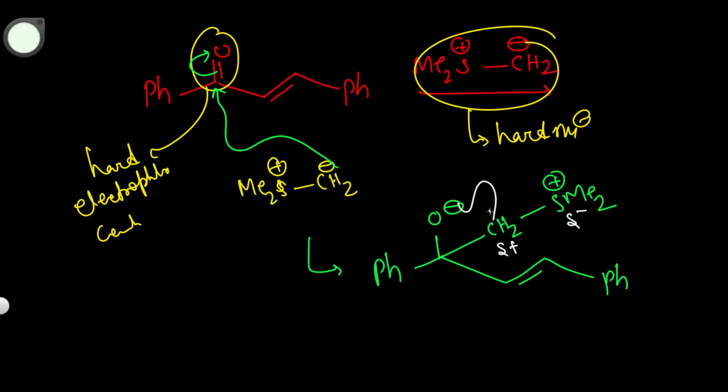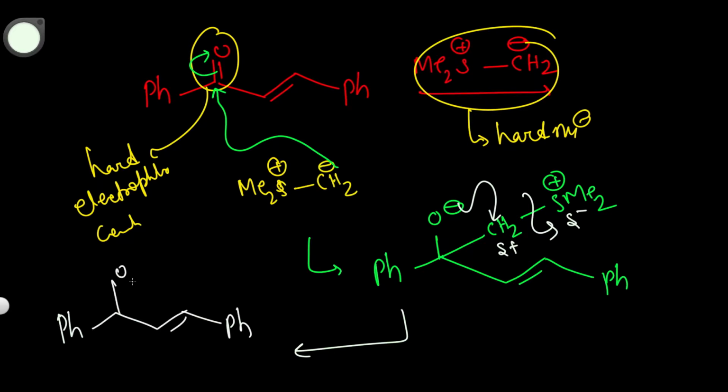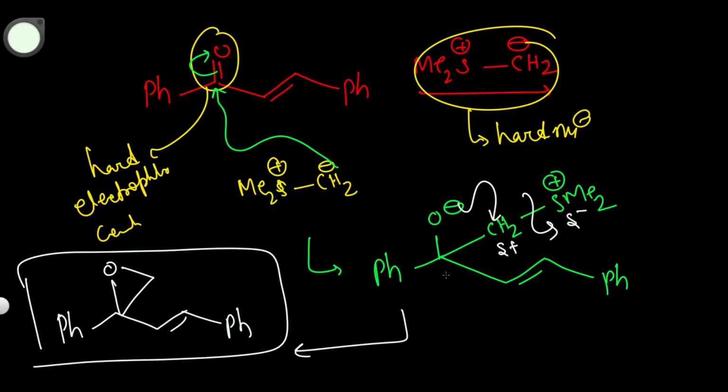This O minus will attack this carbon, and SMe2 will leave as a neutral, and you will get the final product like this. Here is a Ph, and here something like this. This is our final product of this reaction.